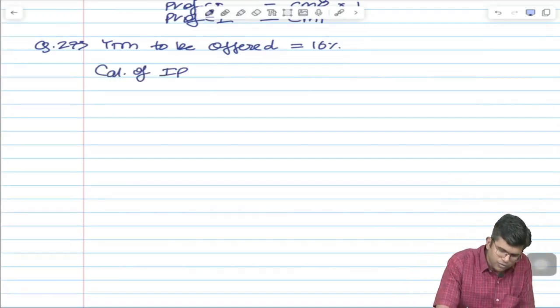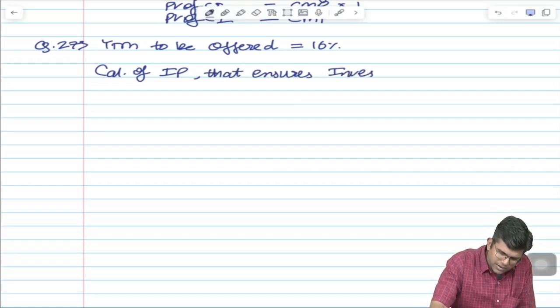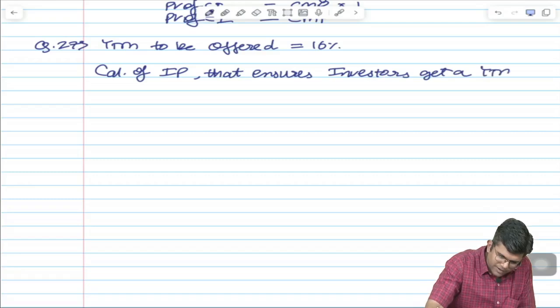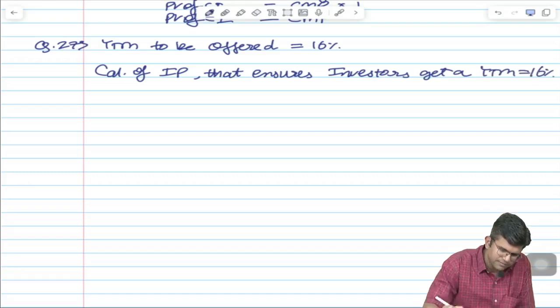Calculation of issue price that ensures investors get a YTM of 16%.